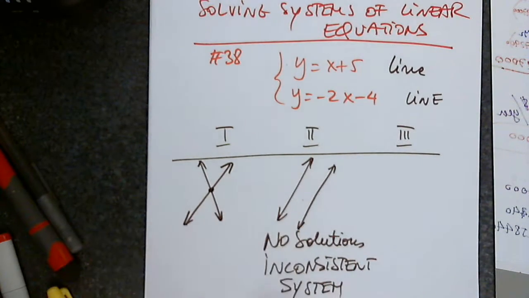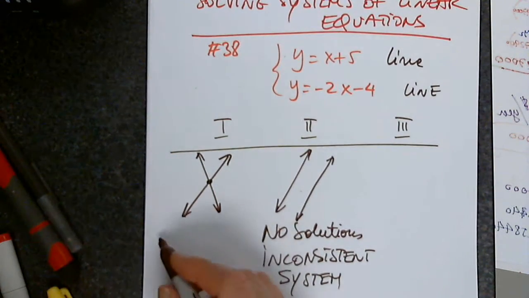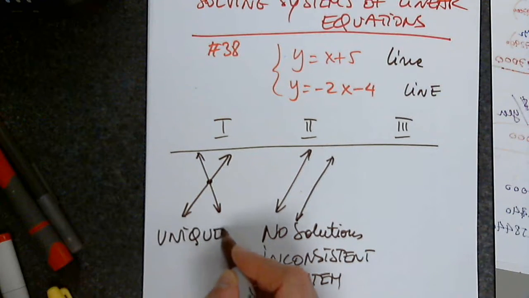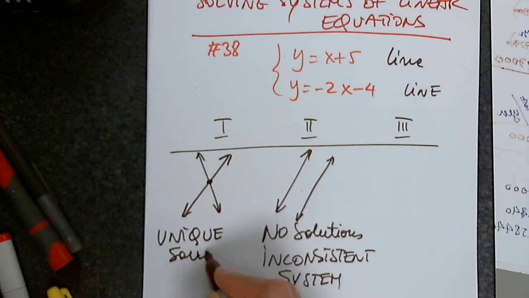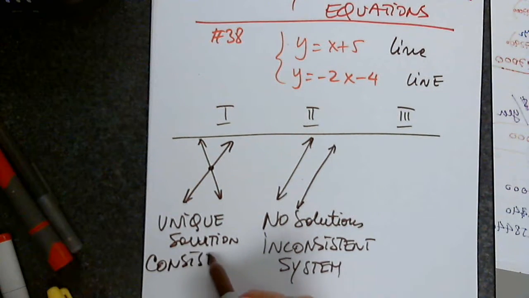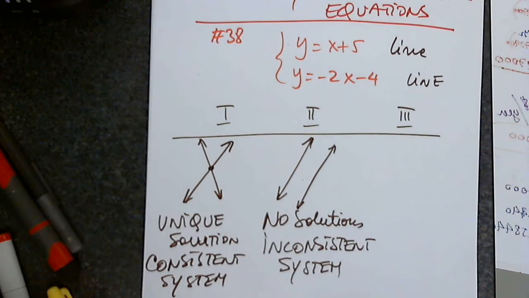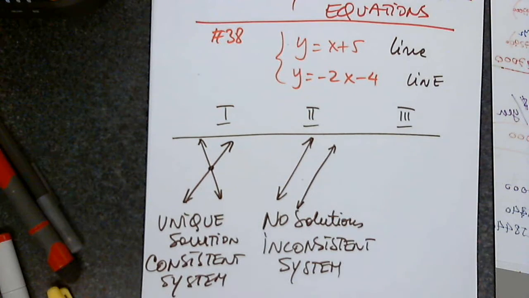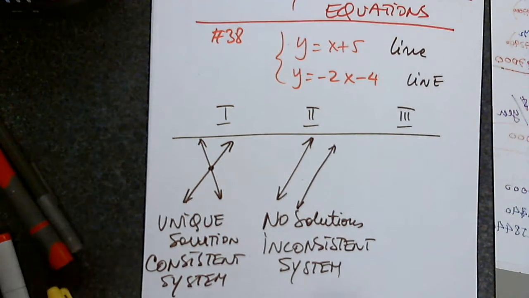We say a unique, just one, solution. The system is called consistent because it has a solution. It's inconsistent when it has no solutions, but it's consistent when it has one or more.